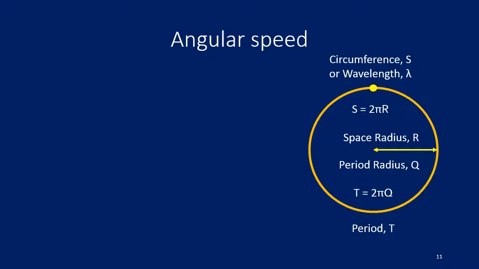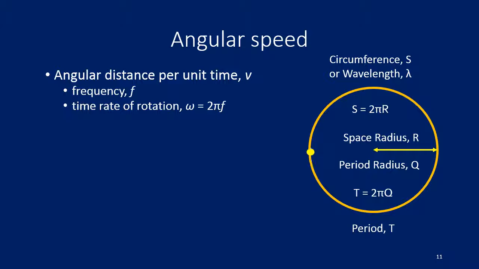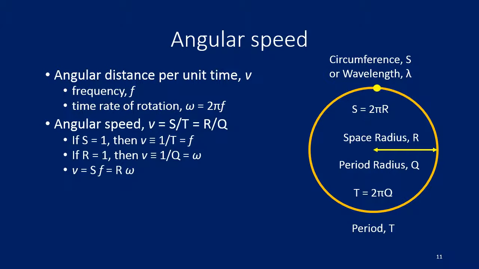Now we're ready for angular speed. We have the angular distance per unit time, v, which we'll look at as a frequency f or a time rate of rotation, omega, which is equal to 2 pi times the frequency. So the angular speed v is equal to a ratio of the circumference divided by the period, or a ratio of the radius divided by the period radius.